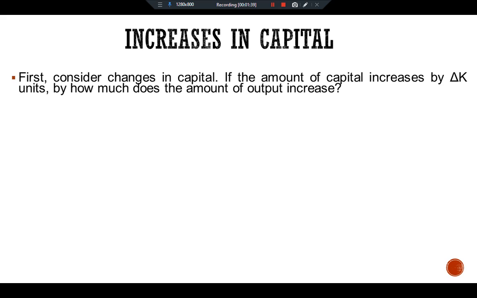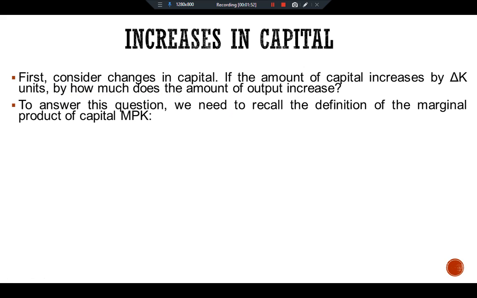Increases in capital. First, consider changes in capital. If the amount of capital increases by delta K units, by how much does the amount of output increase? To answer this question, we need to recall the definition of the marginal product of capital, MPK. MPK is equal to F(K+1, L) minus F(K, L).